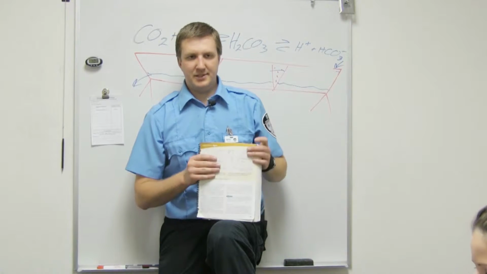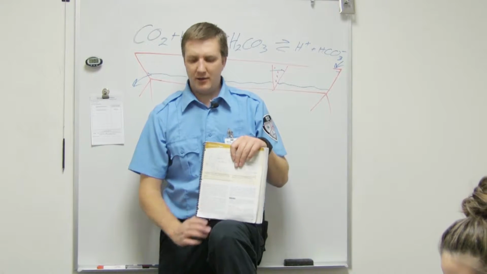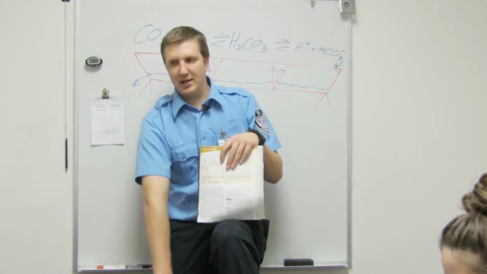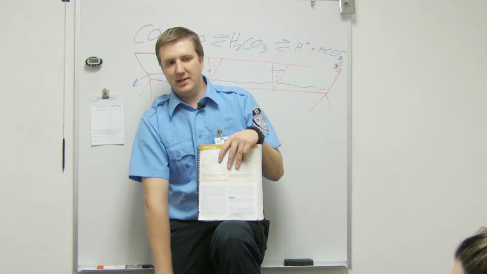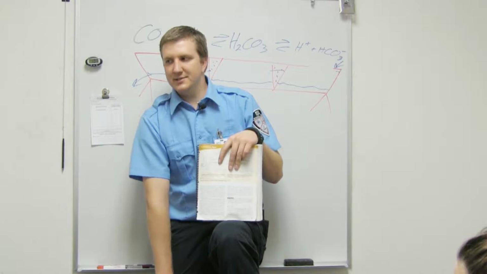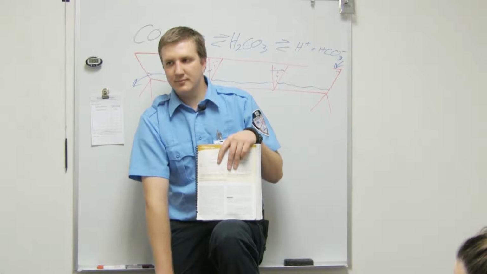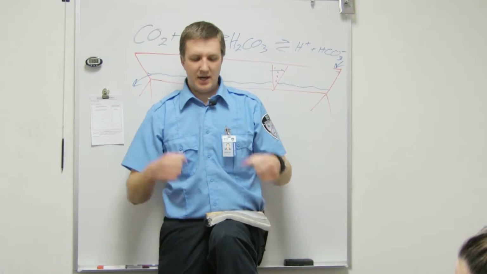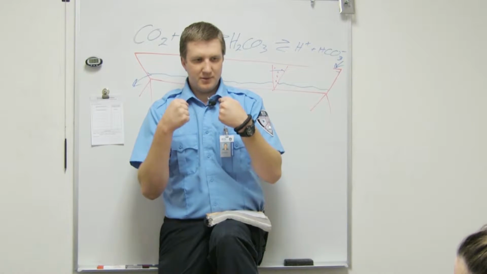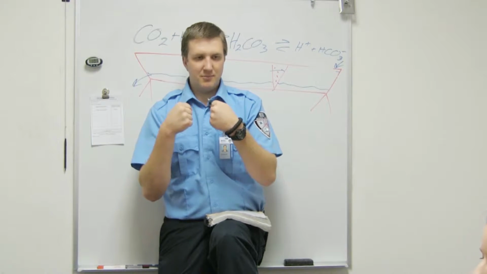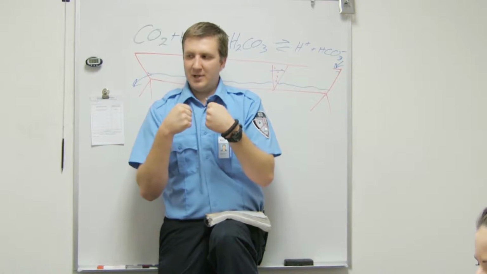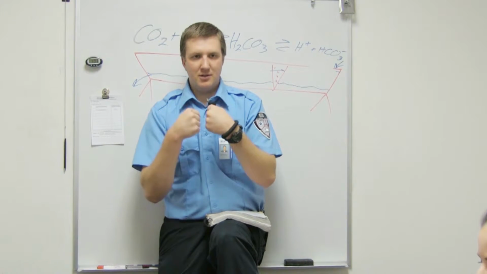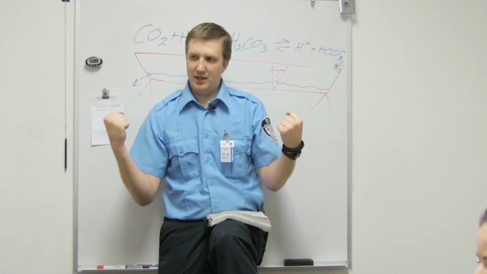Temperature, what does temperature do? I know everybody's kind of different as far as their chemistry background, but what does temperature do to chemical bonds? Easier to break, right? So normally oxygen and hemoglobin are like this. They're still moving, right? But if we increase the temperature, they're moving faster and they're more likely to break apart.